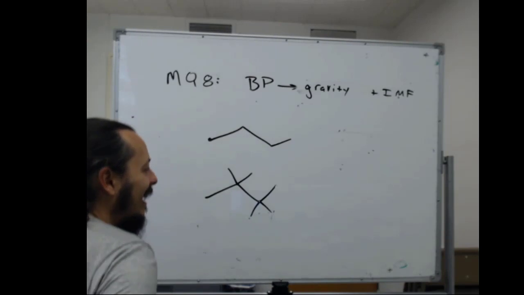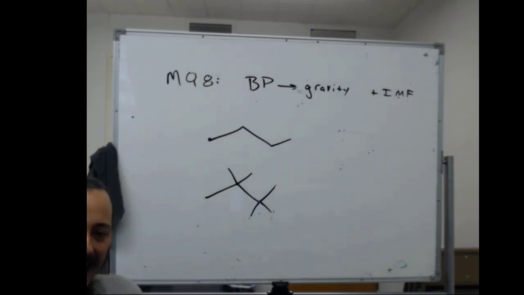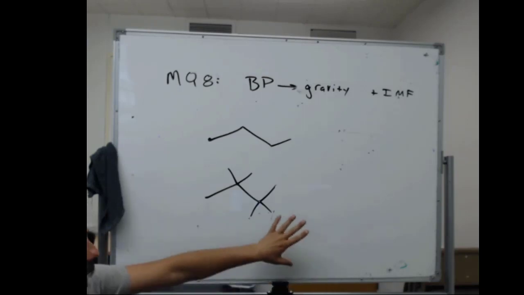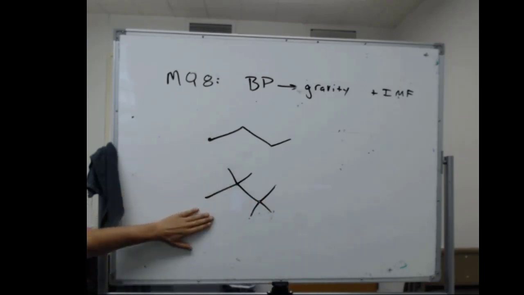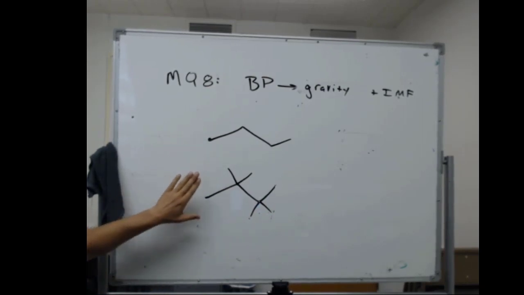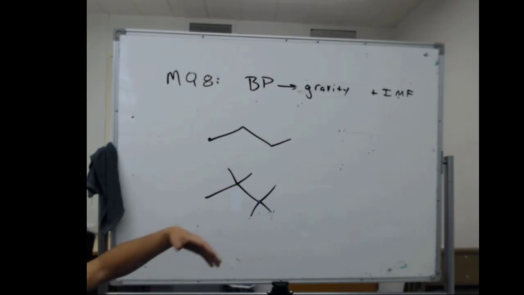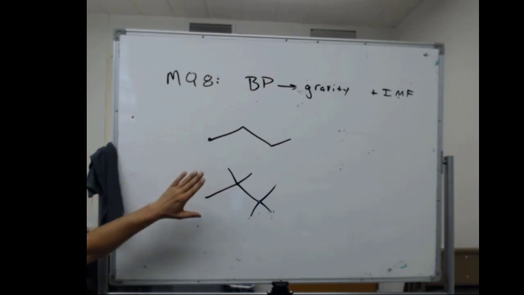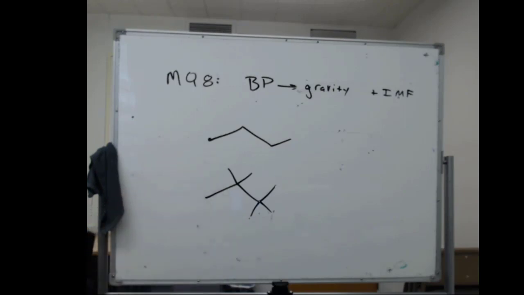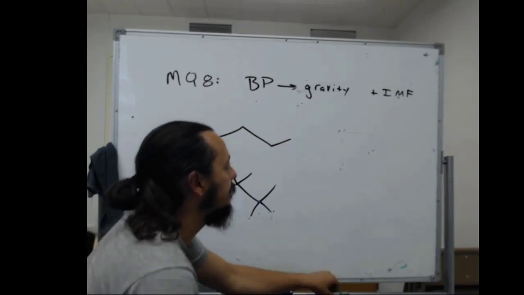So it's not necessarily that more mass inherently means more IMFs. It's more surface area means more IMFs. However, now that these two things have about the same IMFs, because they have about the same surface area, they have no oxygen groups or anything like that, so they don't have dipole-dipole. And surface area only tells us about the London dispersion force.